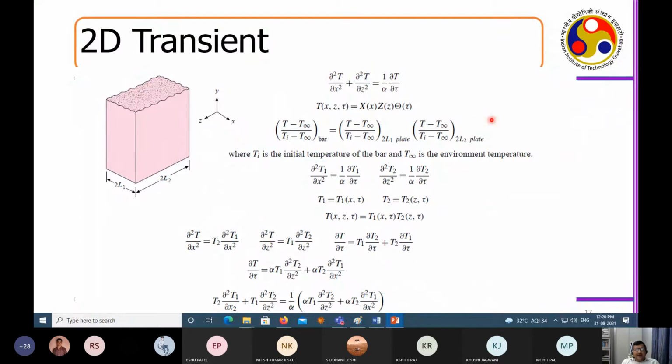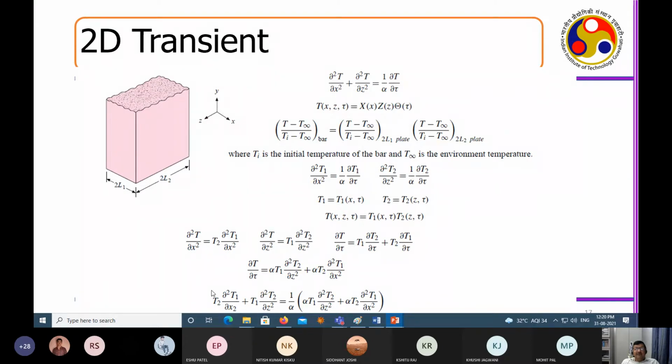Now you see that earlier we went for 1D, del square T by del x square equals 1 by alpha del T by del t. Now, if you go for 2D transient, even then you can make use of separation of variables. I made X, Z, and T linearly independent and went through the same process as previously. I now have three ordinary differential equations, this is my X, this is my Z. Again, these are partial differential equations, and I decouple them to get a linearly independent solution.